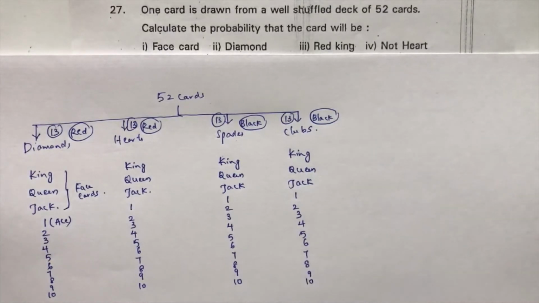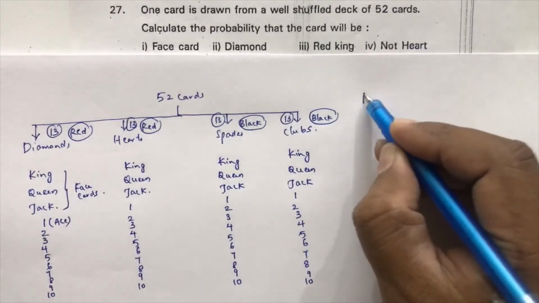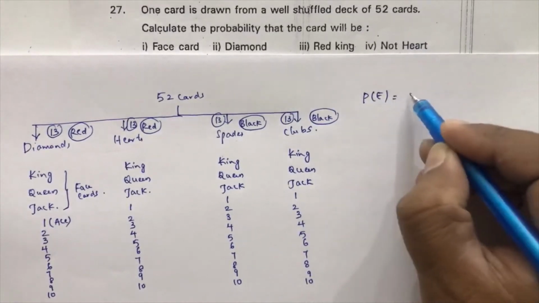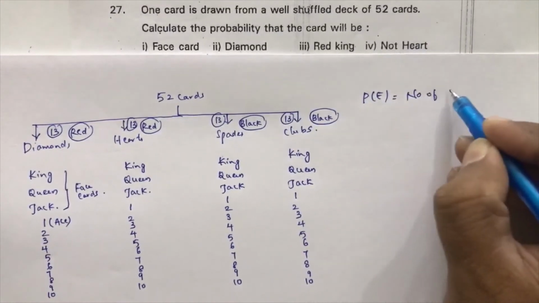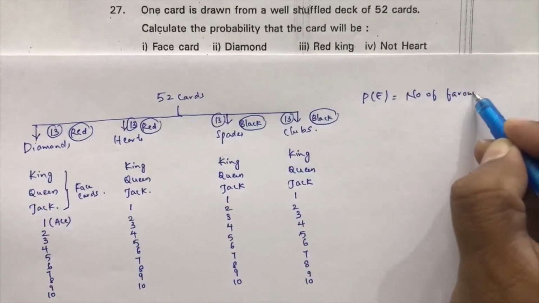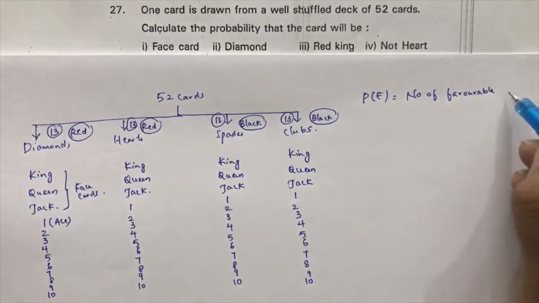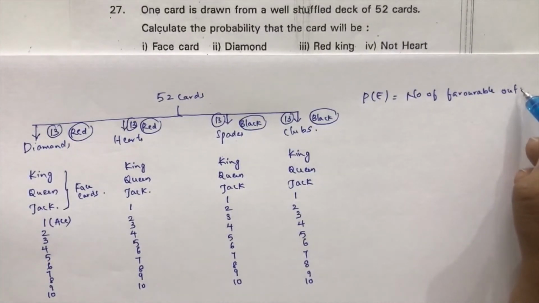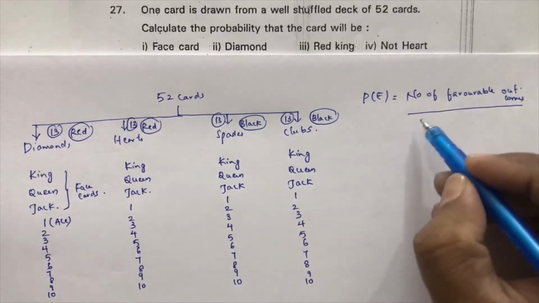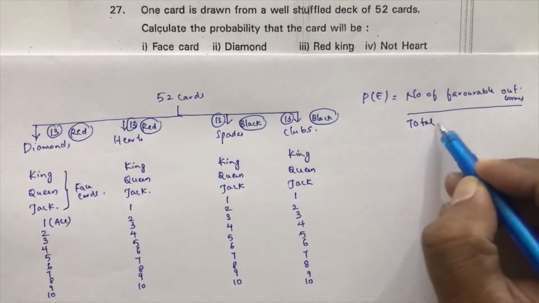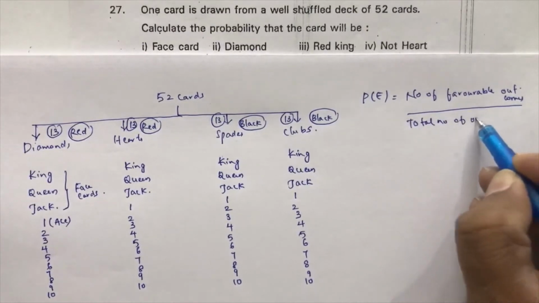Now we need to find the probability. The formula for the probability of an event is the number of favorable outcomes by the total number of outcomes.